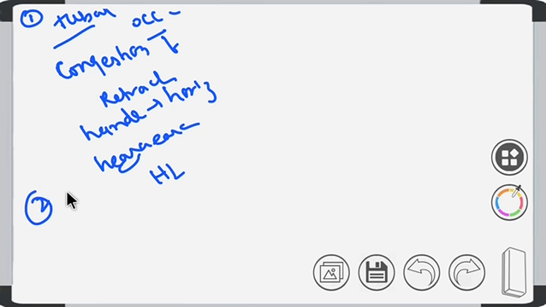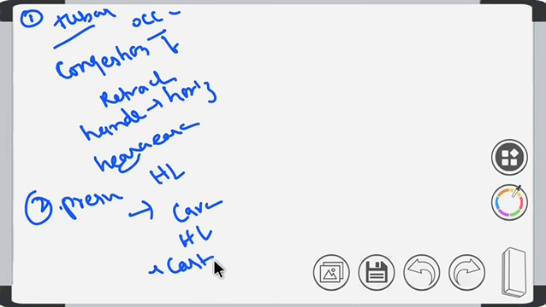In the stage of presuppuration, what are the things that we saw in this stage? We saw earache, hearing loss, and we saw cartwheel appearance, right? Cartwheel appearance. Clear? These are the things that we saw in the stage of presuppuration.